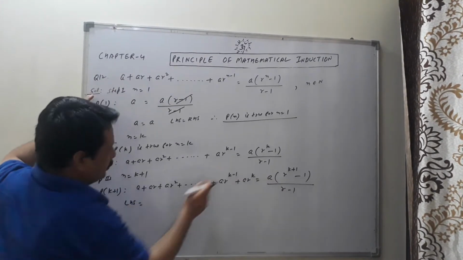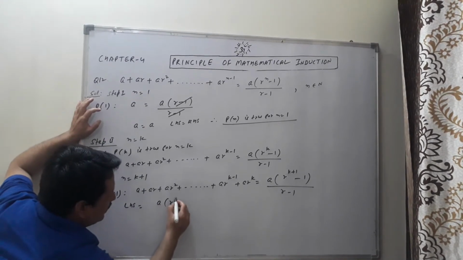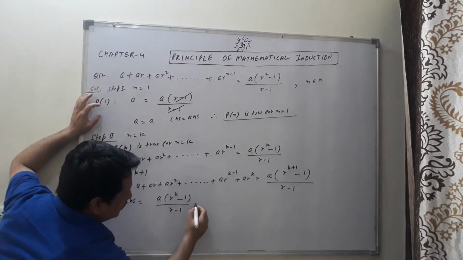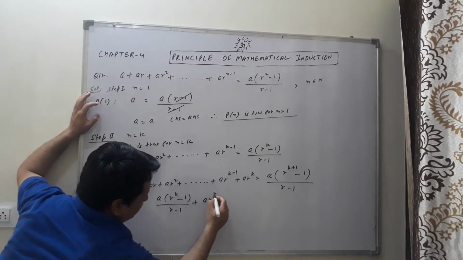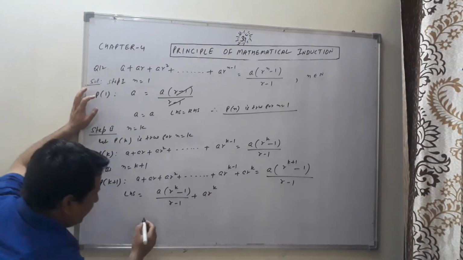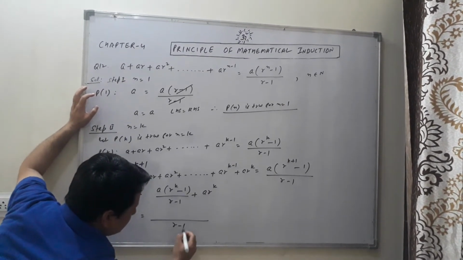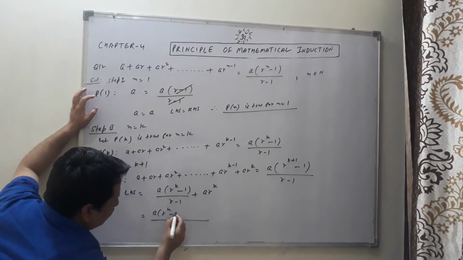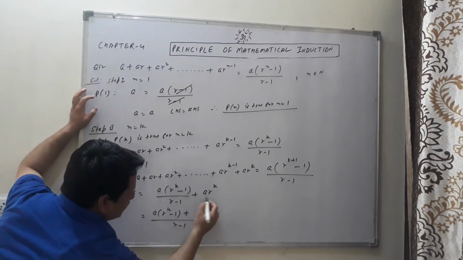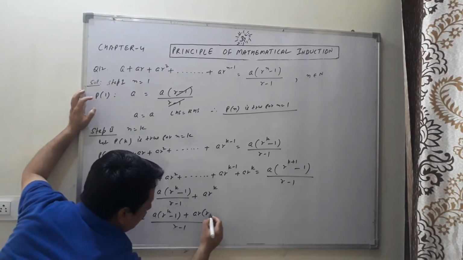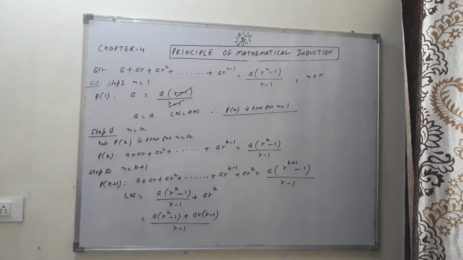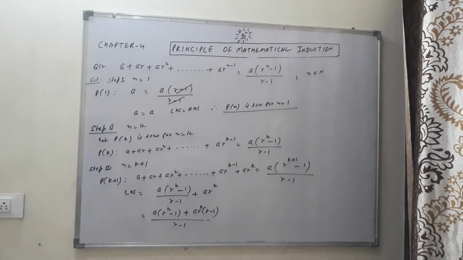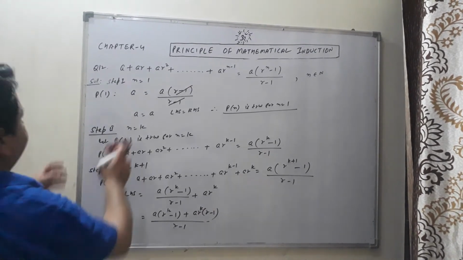We are using step number 2. Step number 2 gives A into R to the power k minus 1 upon R minus 1 plus AR to the power k. Here we are taking the LCM, which is R minus 1. It is A into R to the power k minus 1 plus AR to the power k into R minus 1. Now we will solve it.